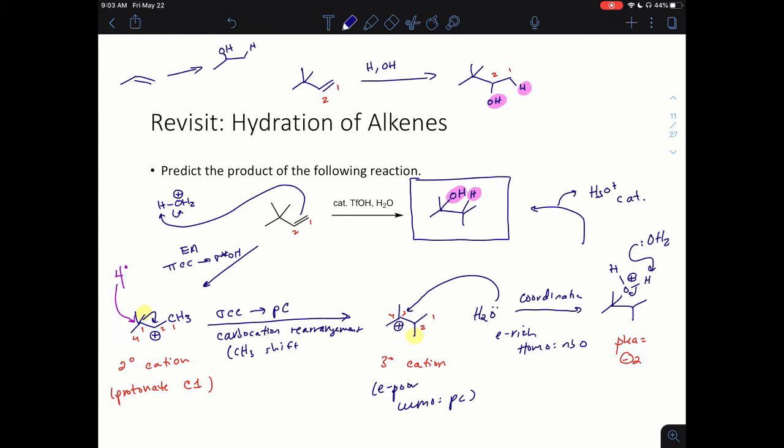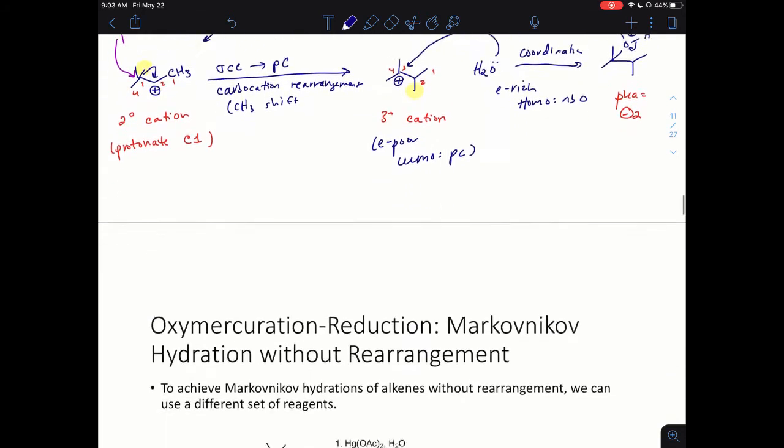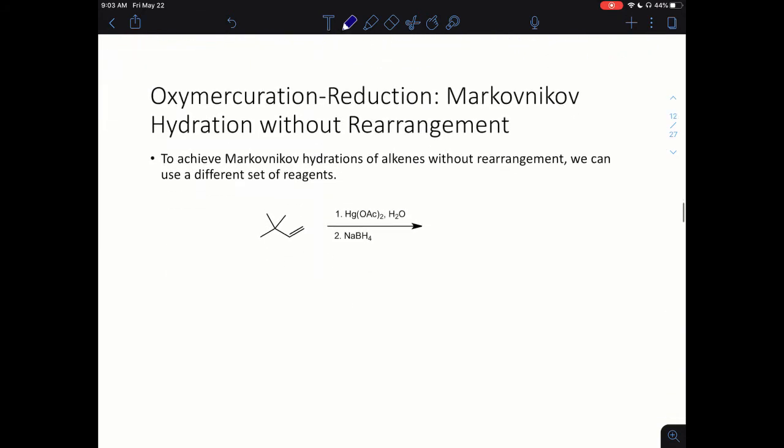Now, is there any way to do that for an alkene that is rearrangement prone because of the carbocation structure? Yes, chemists have solved that problem. The solution is a great reaction called oxymercuration reduction. We don't need to be scared by it. We're going to go step by step through this reaction.